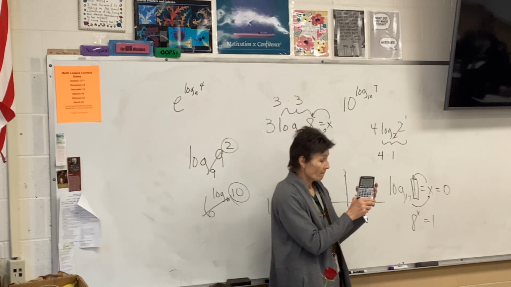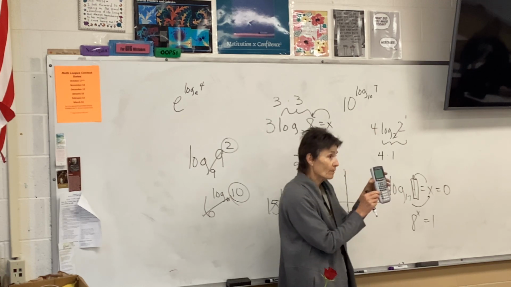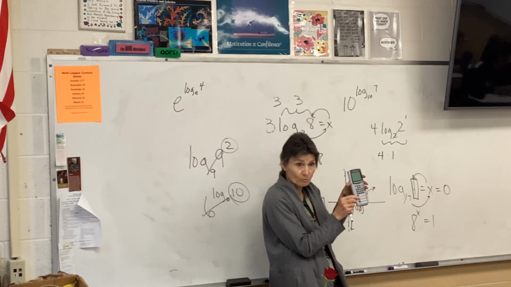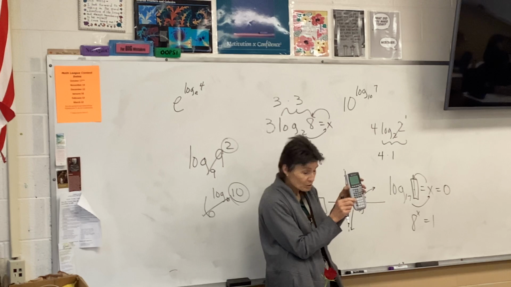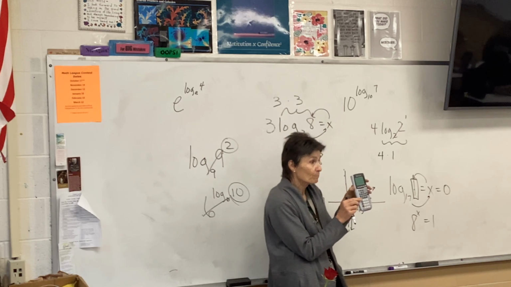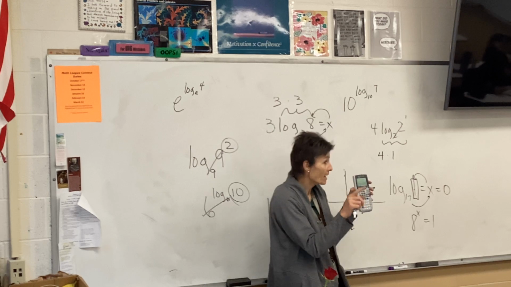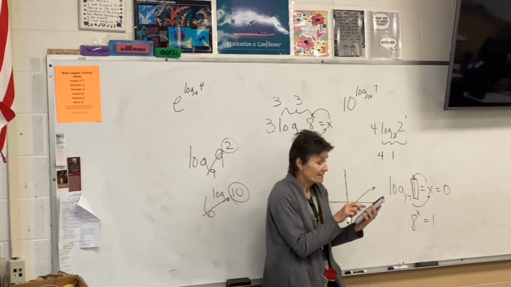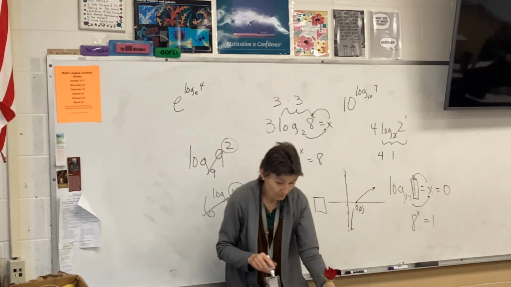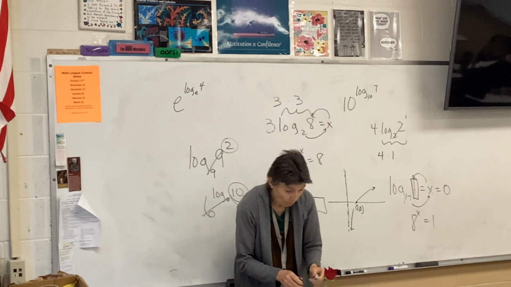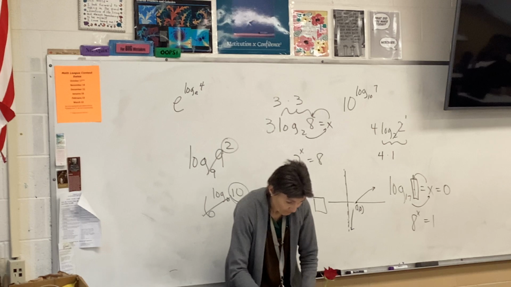So remember, you have a log button right here, LOG, and you have an LN button right under it. Those are the only two buttons you need in this set of problems. So just start pressing and typing, writing down your answers, and we're going to compare notes. Remember, we need 4 decimal places.